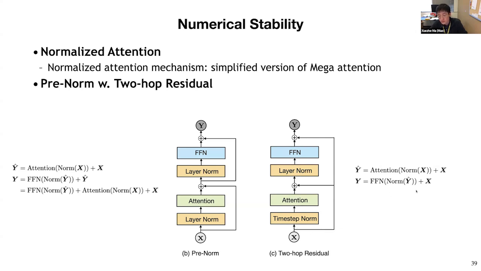Then our output is just the sum of two items, the FFN output and the original input X. Because we only modified the residual connection, we did not change the complexity of the model. We just changed the way we compute the gradient. So we won't sacrifice any model complexity, but we improve the model's stability.